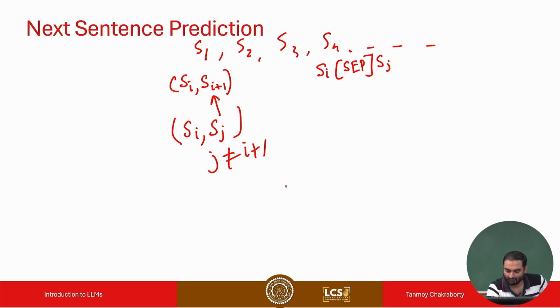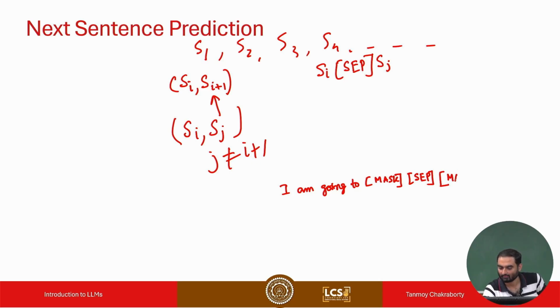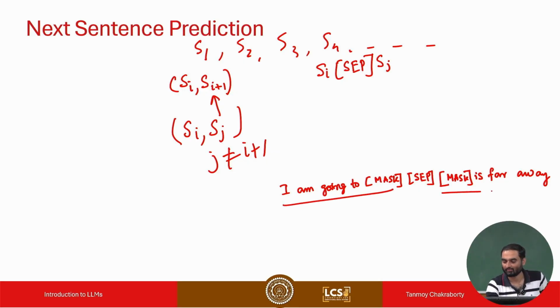Let's say, again my favorite example, the input is: I am going to mask, separator, mask is far away. So sequence 1, sequence 2.